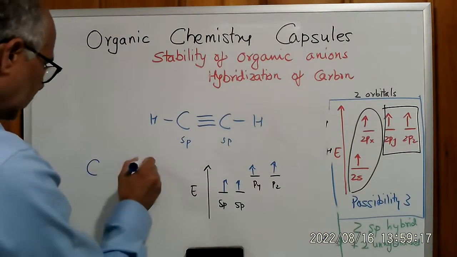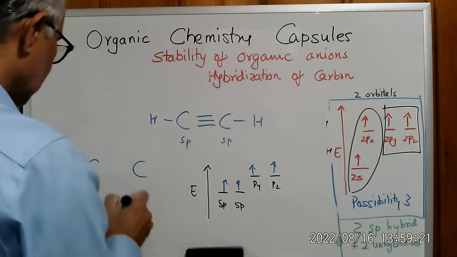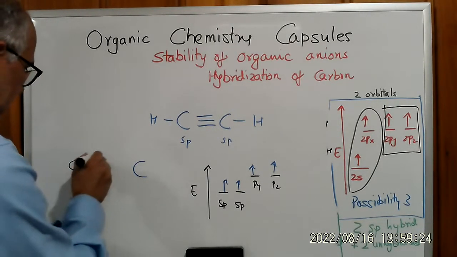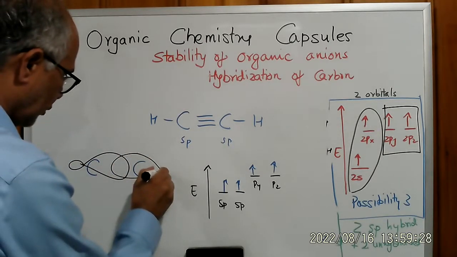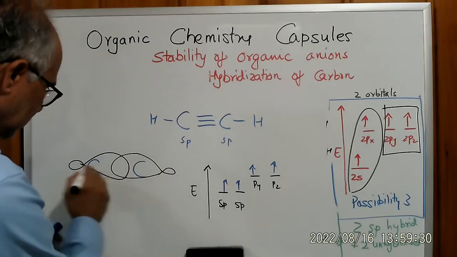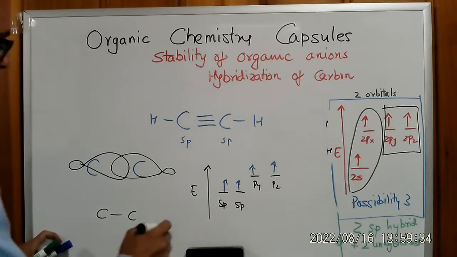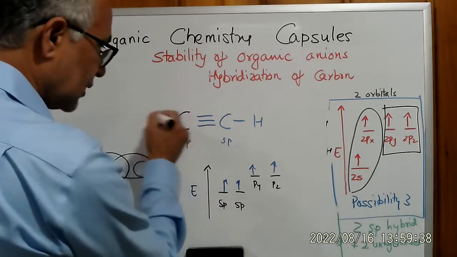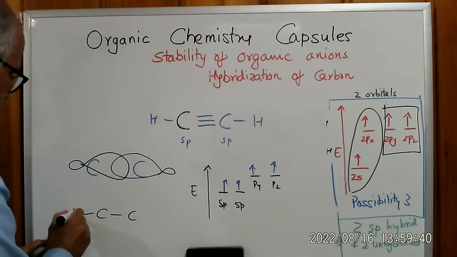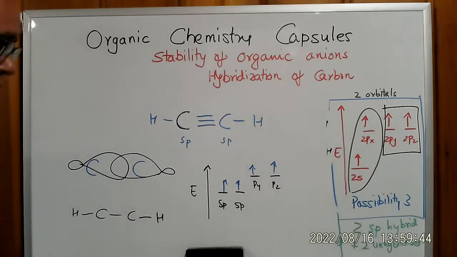Initially the carbons use the sp hybrid orbitals to form the carbon-carbon single bond. Each carbon has another sp hybrid orbital, which is used to form a single bond with a hydrogen.